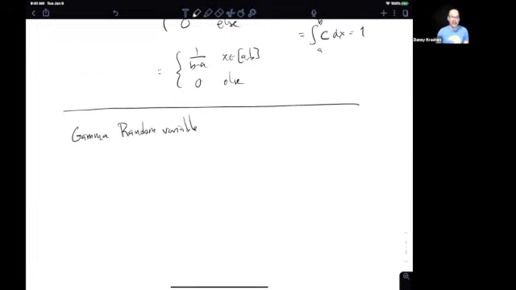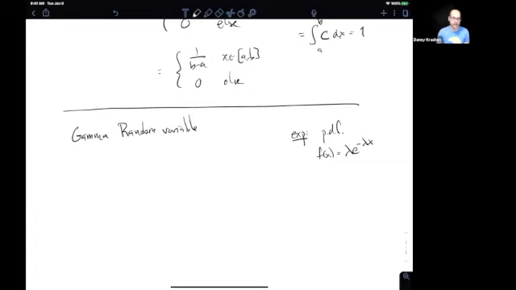All right, and now the gamma random variable. So the idea of the gamma random variable is a slight variation on the exponential random variable. So just to remind you, the exponential random variable is the one with the probability density function f of x is lambda e to the minus lambda x.